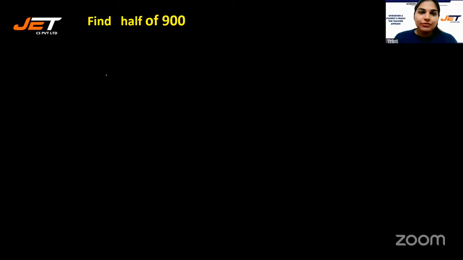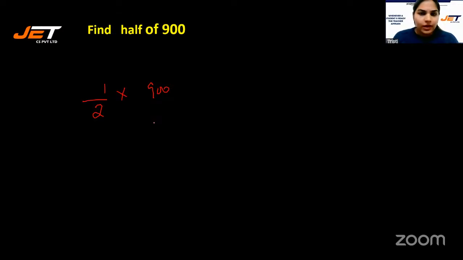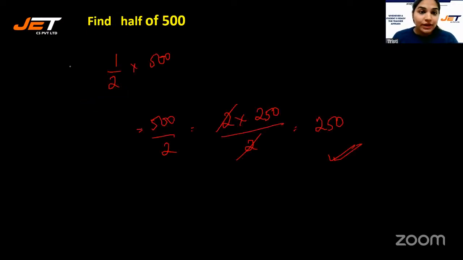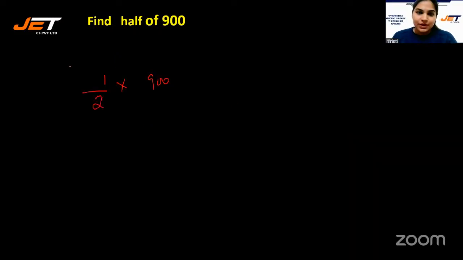Next is half of 900. Half, you know, is 1 by 2. That is 250, not 25. That's 250. Okay.